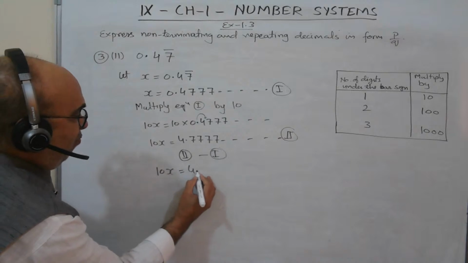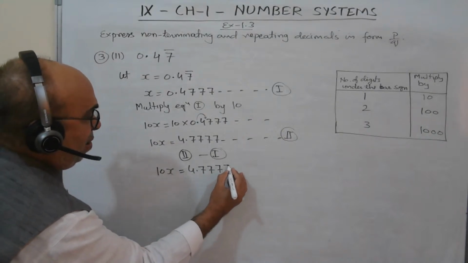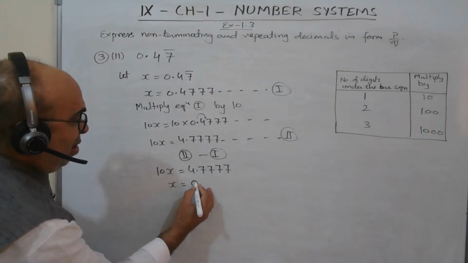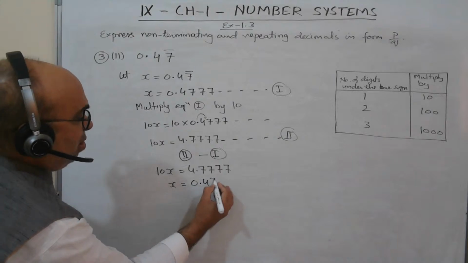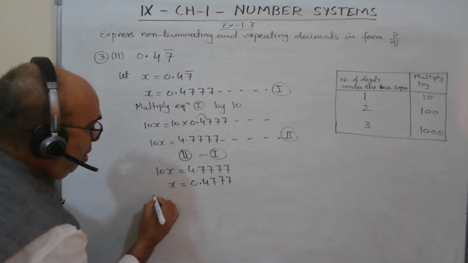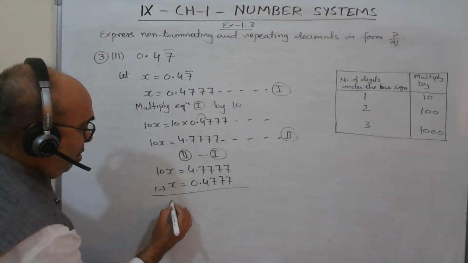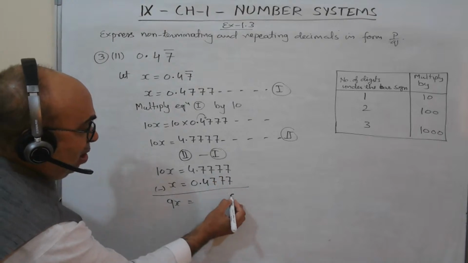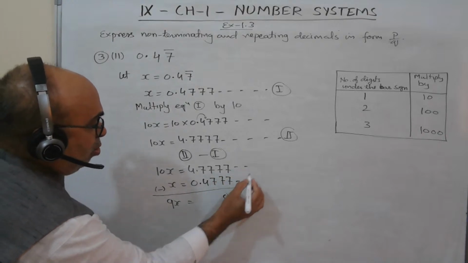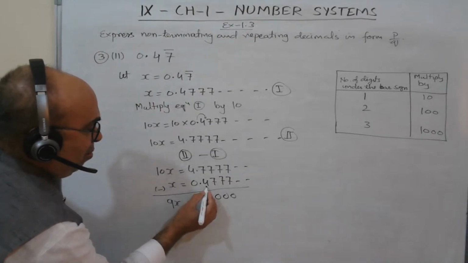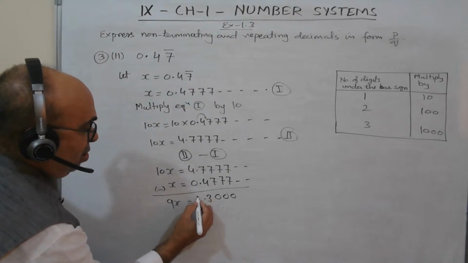10x equals 4.7777 and x equals 0.4777. Minus: 9x equals 0.0, here dot dot dot, here 0, 7 minus 4 is 3 and it is 4.